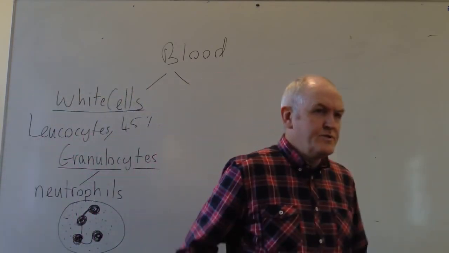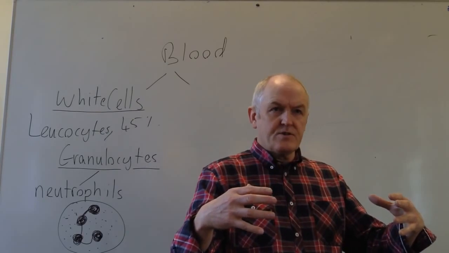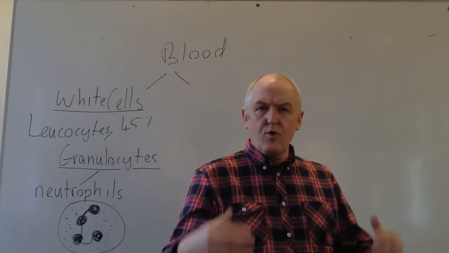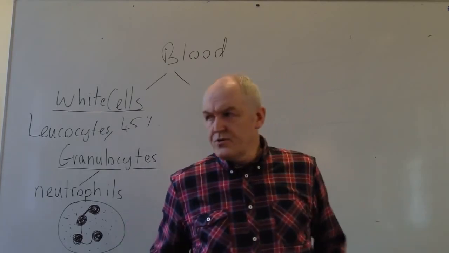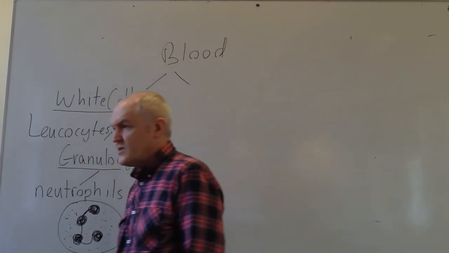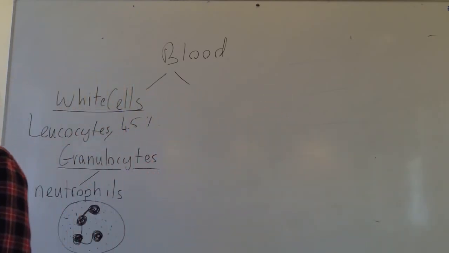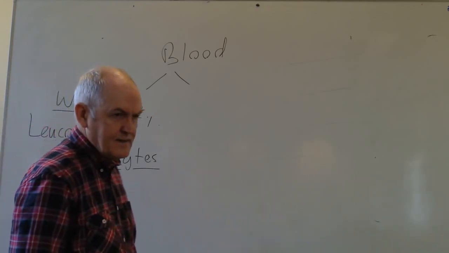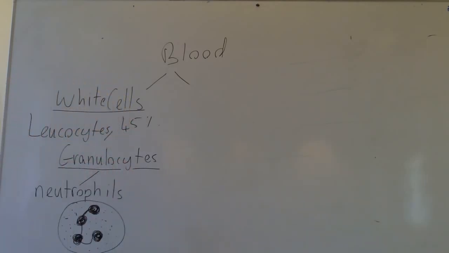Or if you have a wound, over the first 24 hours that wound has formed, the number of neutrophils in the wound will greatly increase because they combat bacterial infection. And because there's a lot of them, they can spring into action quickly, combating bacterial infection.